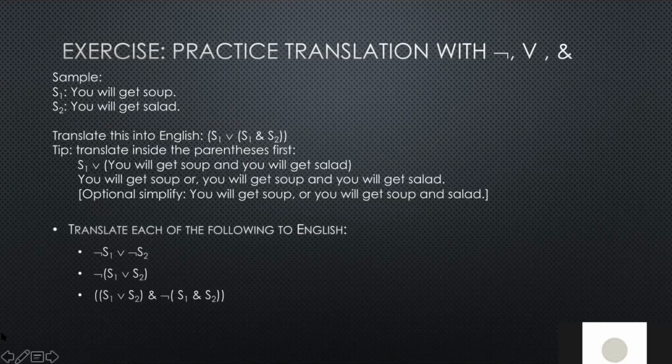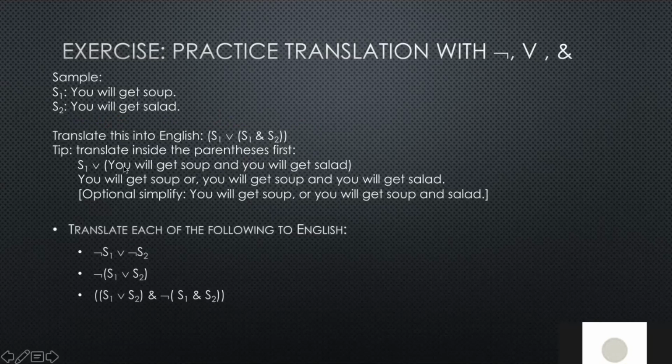So this is open parentheses, S1, or open parentheses, S1 and S2, close parentheses, close parentheses. As a tip, I want you to translate inside of the parentheses first, okay? So we're going to translate from the deepest set of parentheses, which is this set, S1 and S2.